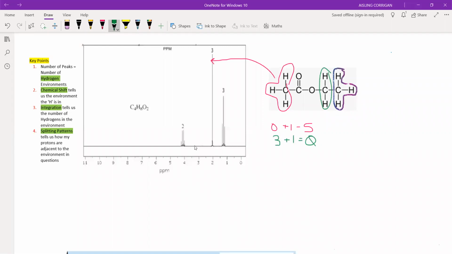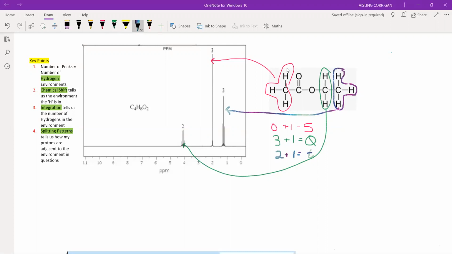It's kind of hard to see here, but this small one here is 1, 2, 3, 4. This is the quartet. So we know that this carbon environment is producing this peak over here. And last but not least, I know it's process of elimination, but it's good to go through it. We look at the CH3. How many protons are beside it? 2. The n+1 rule, 2 plus 1 is 3, so it's going to be a triplet, and lo and behold, there we go. Cool.